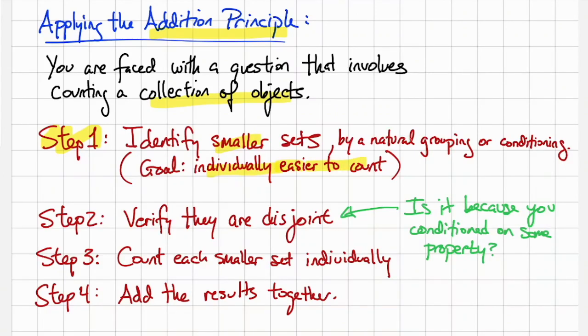There may be some natural grouping of the objects, or you may condition on a particular property or numerical statistic that the objects have. After you've identified the smaller sets, verify that they're disjoint sets. One way we know that sets are disjoint is when we condition. If you condition on a particular property, then the sets are necessarily disjoint. Then count each smaller set individually and add the results together.